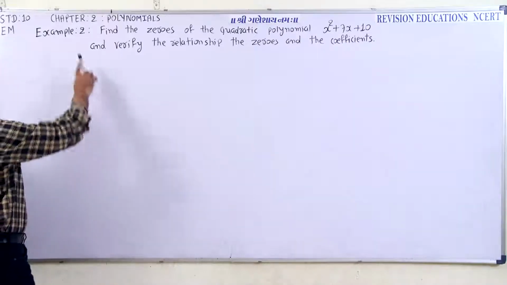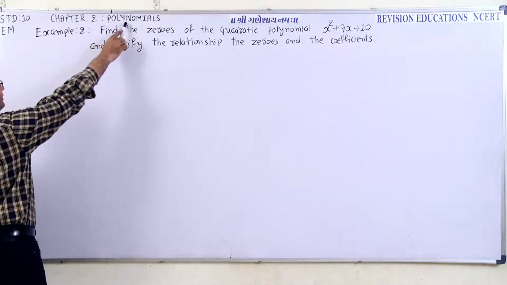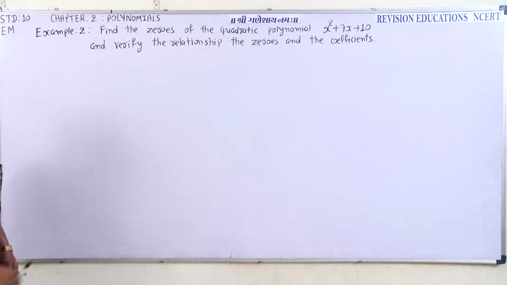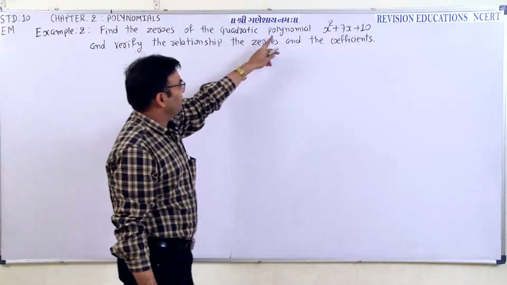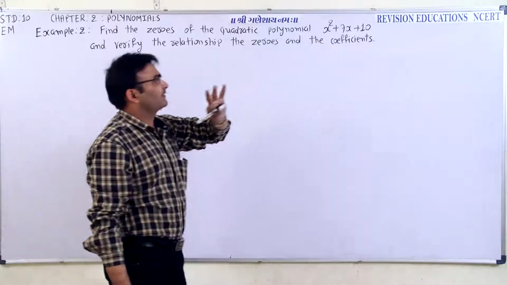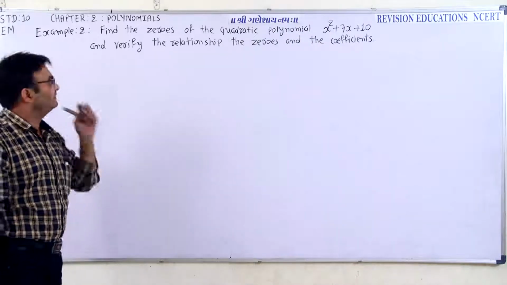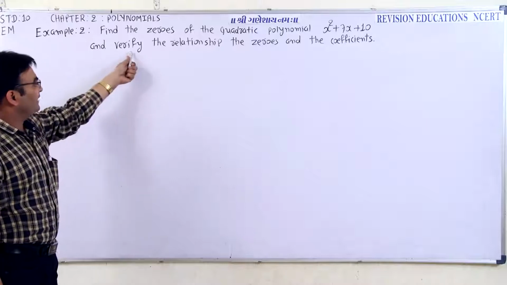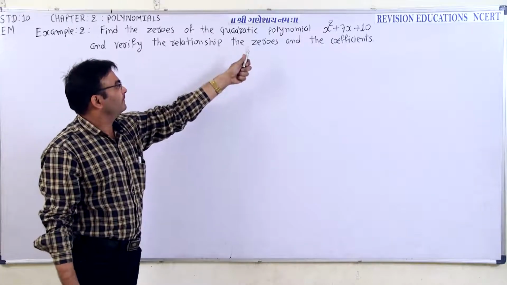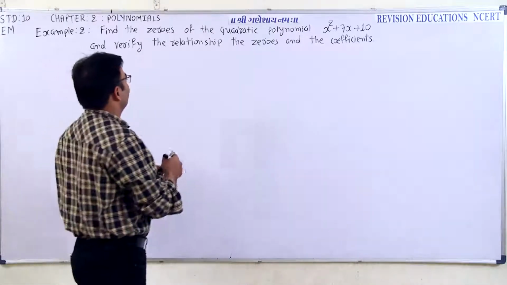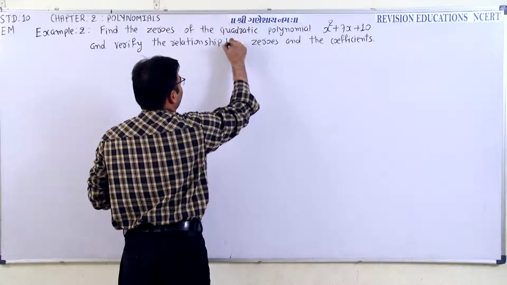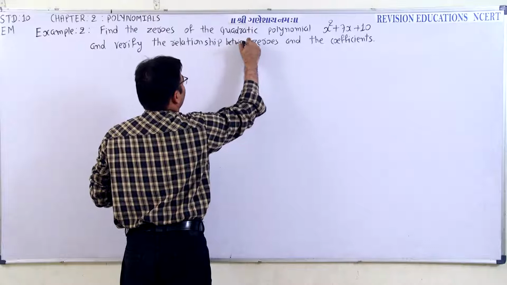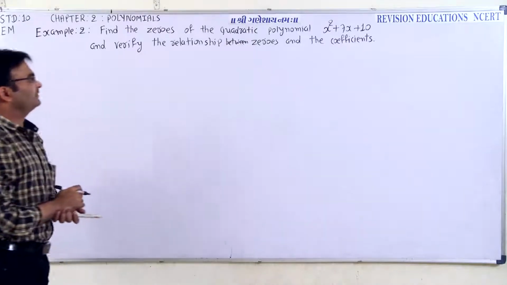Now friends, chapter number 2, polynomials, example 2. Find the zero of the quadratic polynomial x square plus 7x plus 10 and verify the relationship between zeros and the coefficient.